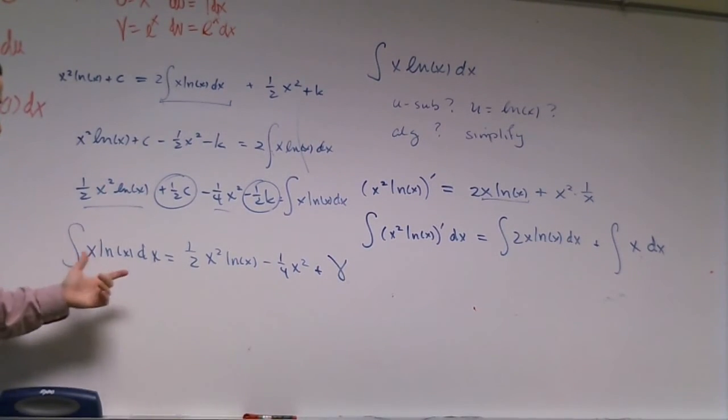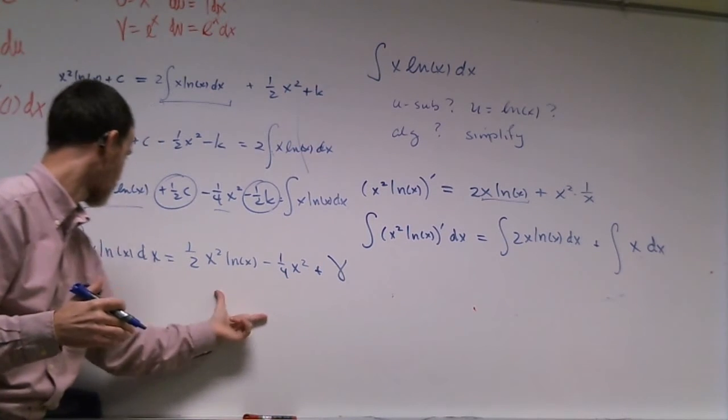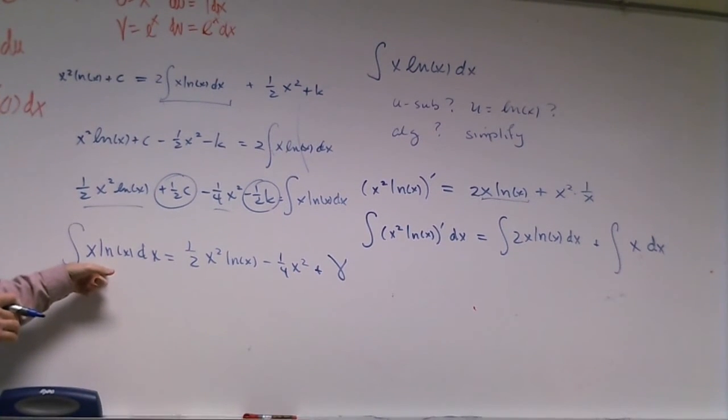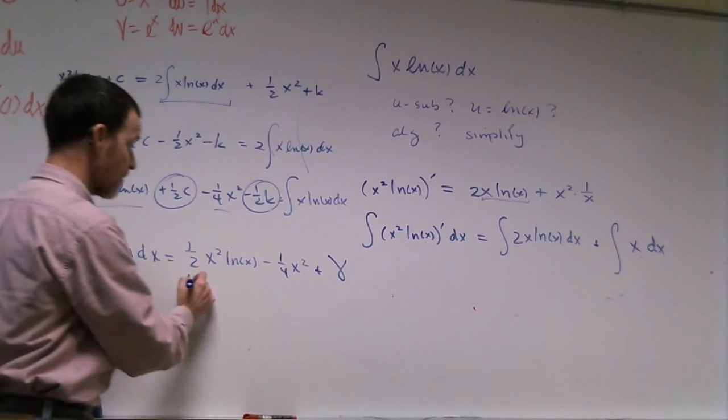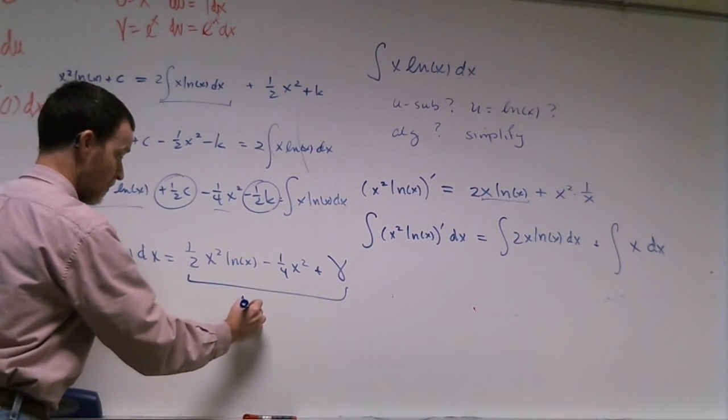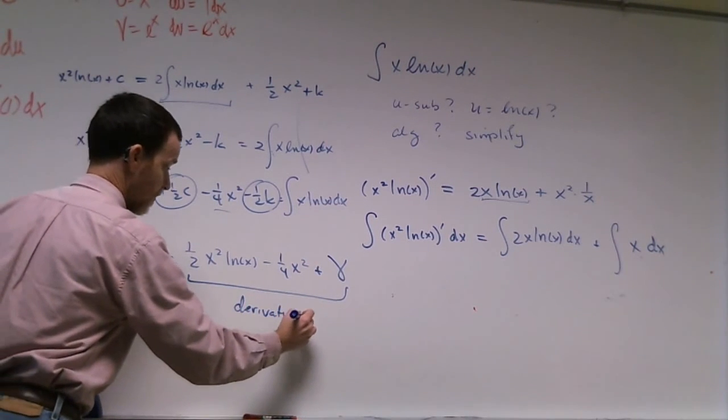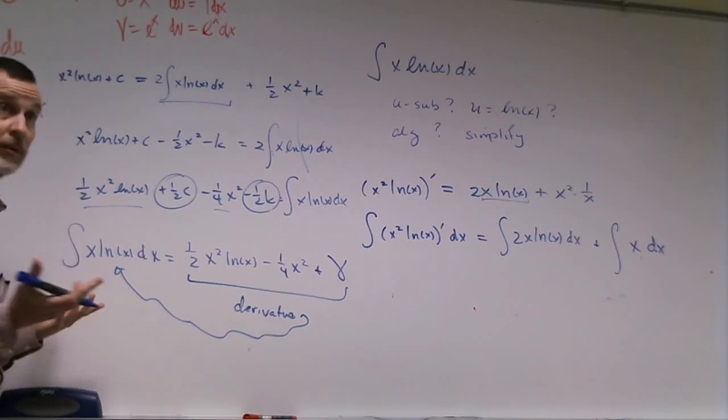It doesn't matter. If you take the derivative of this mess, you'll get x ln of x. And you can check. Take the derivative of this side. That's what you'll get.